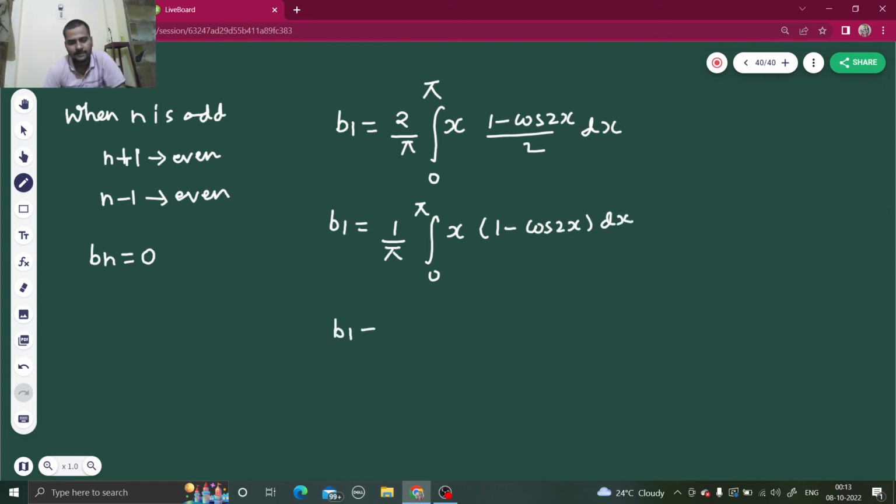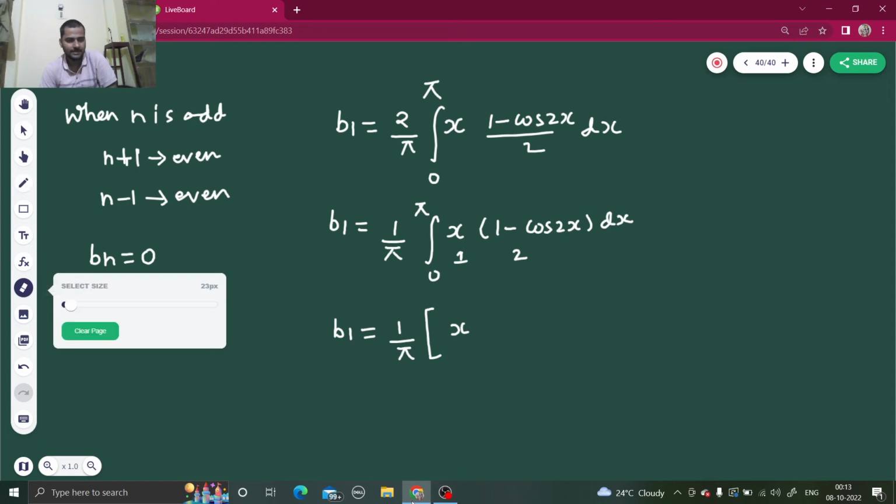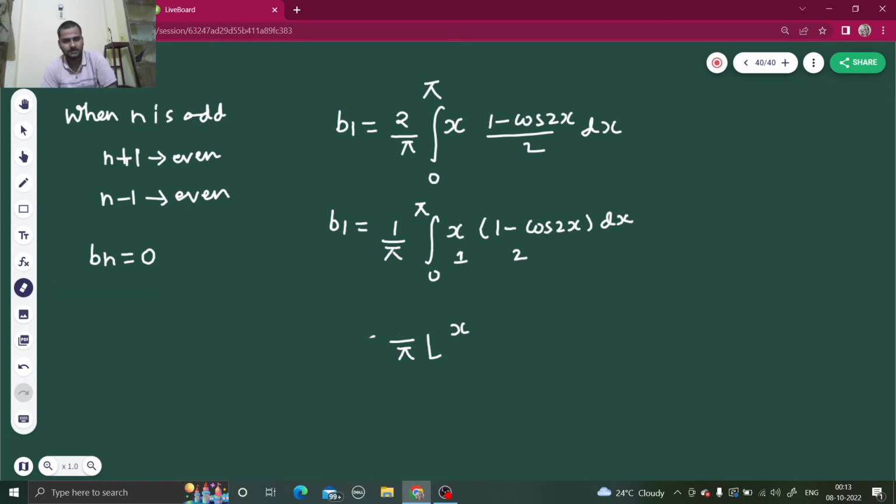So b1 will be 1 by pi, first function, second function. First function as it is, integration of... let's break this for our smooth calculation.